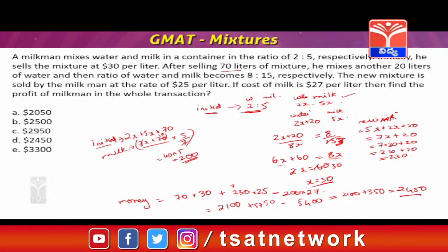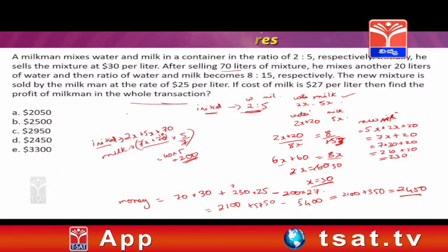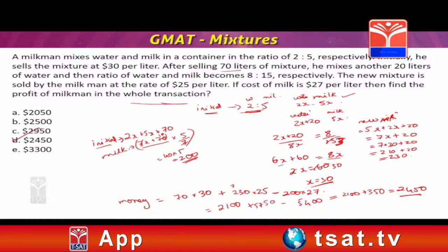This is the profit that he made on the whole transaction, that is, the answer is option D, 2450.